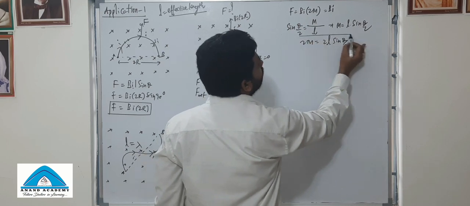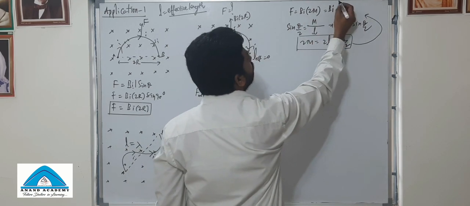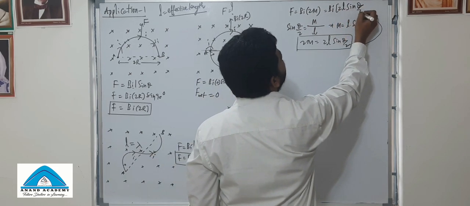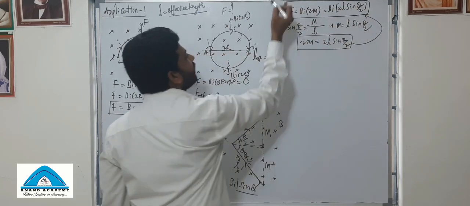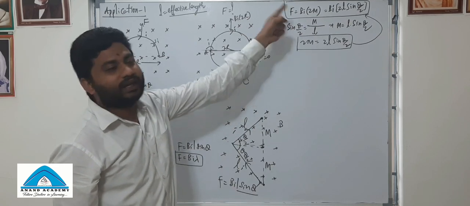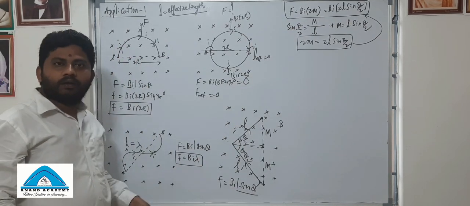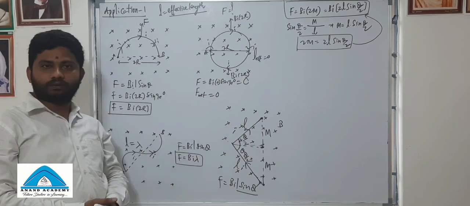This is your 2M value. Substitute the 2M value here. So in this case, the net force acting will be BI2L into sine theta by 2. That's it. Clear? Sure? So this is the concept of application number 1.